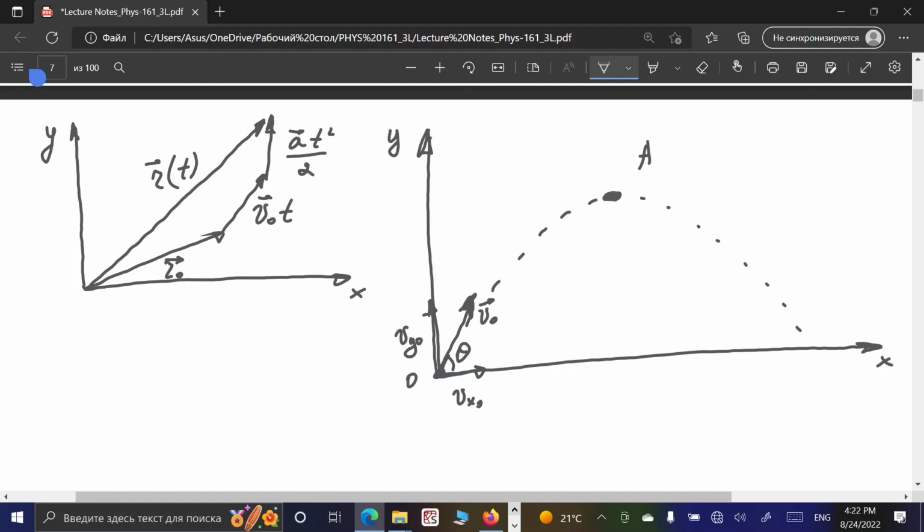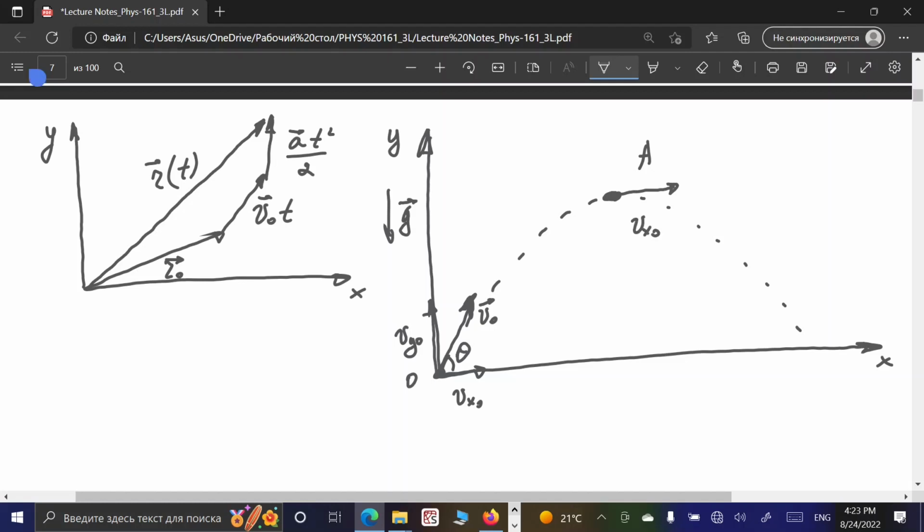Taking into account that our acceleration g is pointed downwards, it will affect only y component of our initial velocity vector. X component will remain constant. So means that at maximum point of this trajectory, we will not have any y component of velocity, but it will be still vx naught.